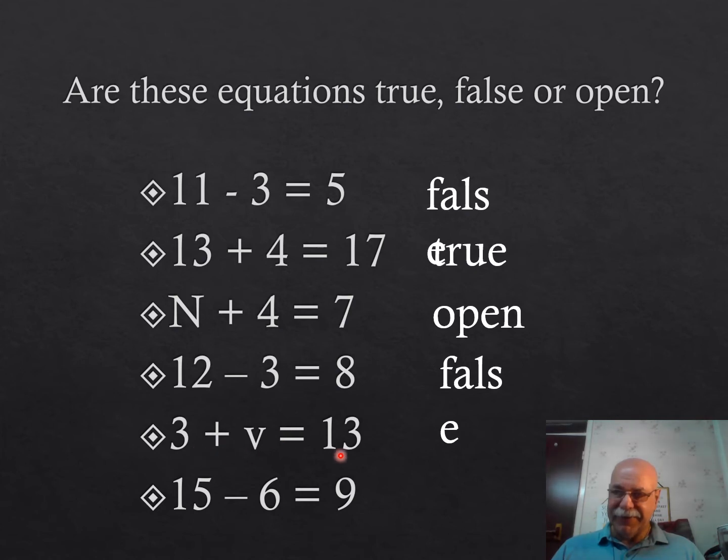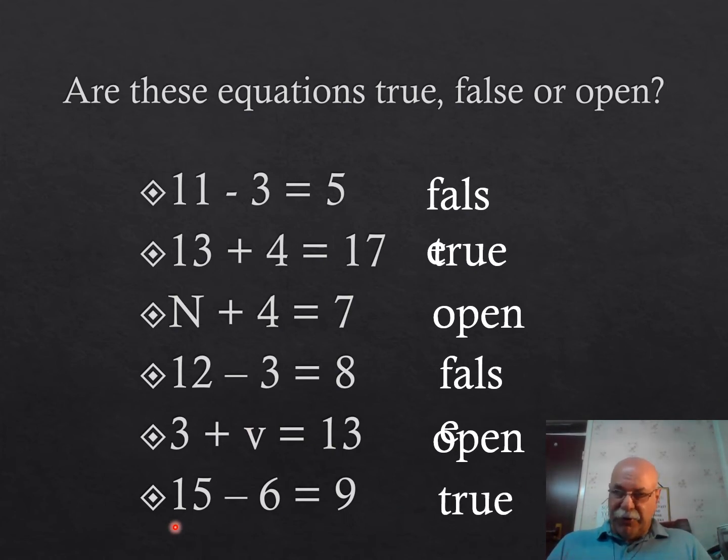Here we also have a letter in place of the amount. What does this mean? This is an open equation, because we do not know the value of the letter.